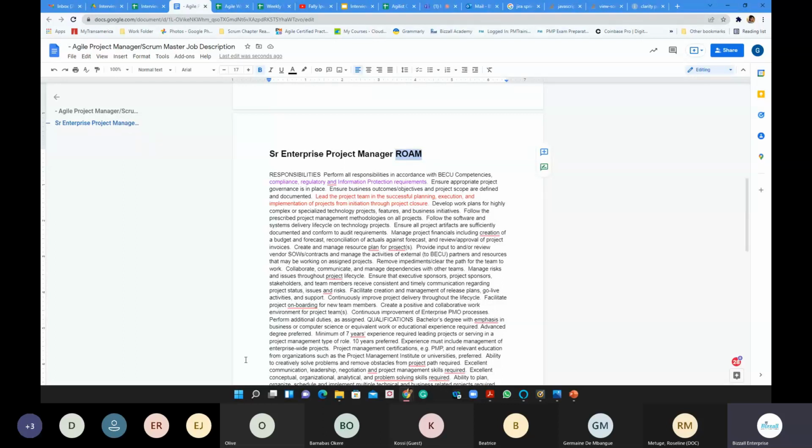I even put it on the calendar, right? Continuously improve process delivery throughout the life cycle. Make sure that your team delivers. You have to improve. You want to create process. It could be something to save time. It could be something to save budget. Maybe you want to make sure that they track the work accordingly. So always check to see if you can do something to help them out.